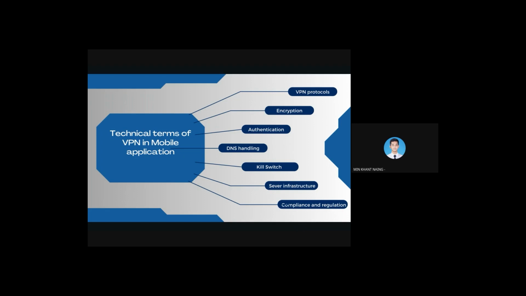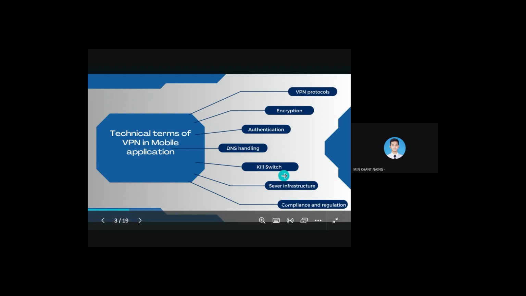GDPR is the General Data Protection Regulation in Europe. PDPA is the Personal Data Protection Act in Thailand, and SOC is Service Organization Control. They have to follow these laws because they have to protect user privacy and security.